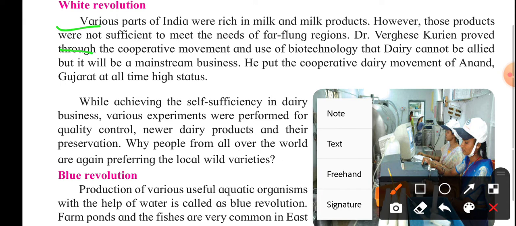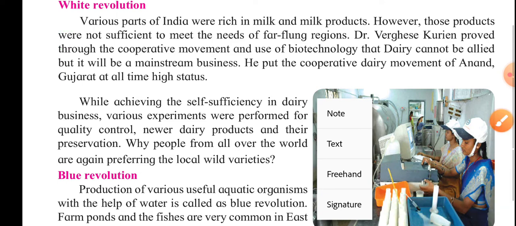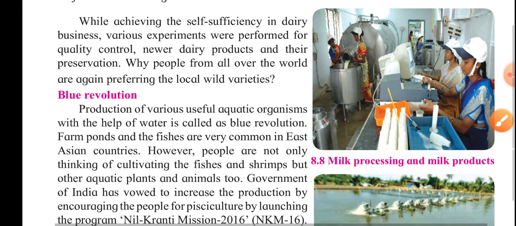He took the cooperative dairy movement of Anand, Gujarat to an all-time high while achieving self-sufficiency in the dairy business. Various experiments were performed for quality control, newer dairy products, and their preservation. Because of such revolutions, people from all over the world are again preferring local varieties.